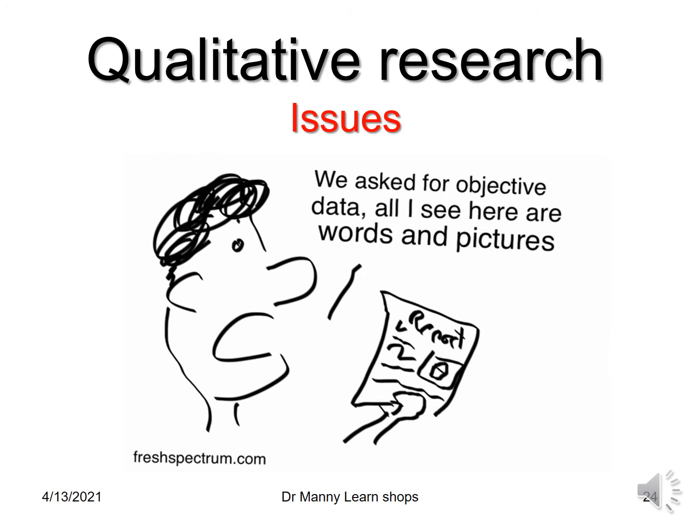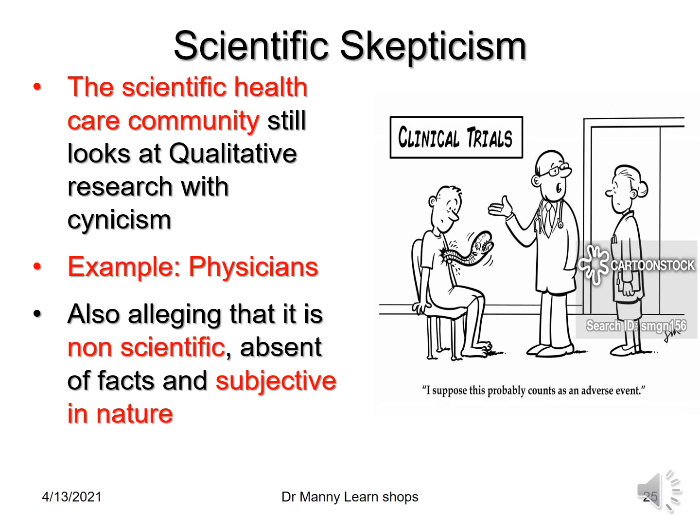What are some of the qualitative research issues? Well, some of the issues are that you've got certain scientists or academics that follow the positivist or scientific or quantitative methodologies.